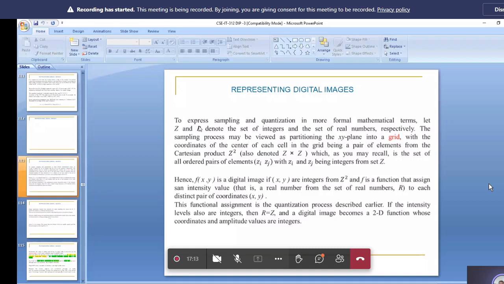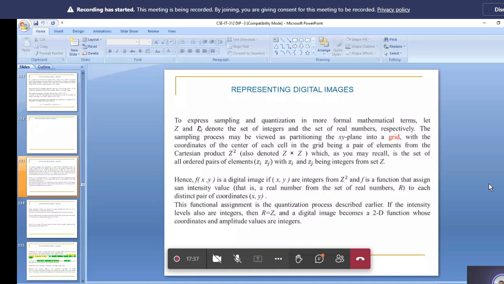So the sampling process may be viewed as partitioning the xy plane into a grid, as I showed right now: our XY plane, whatever we have, or any image, we are partitioning with the help of the sampling process into a grid.